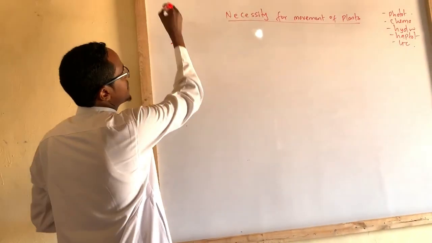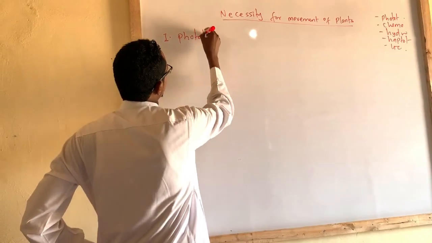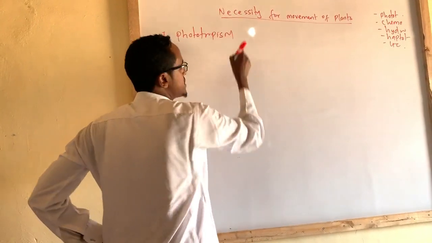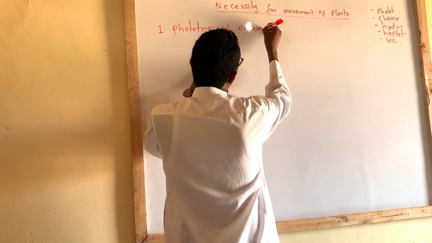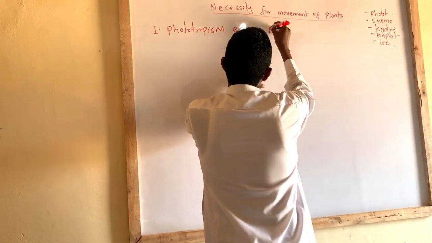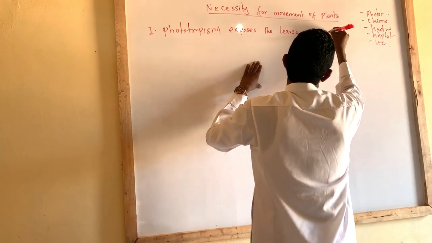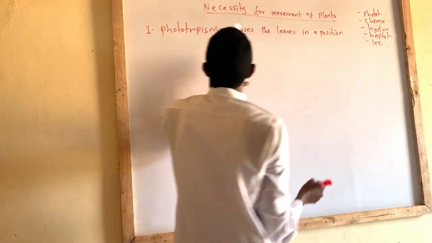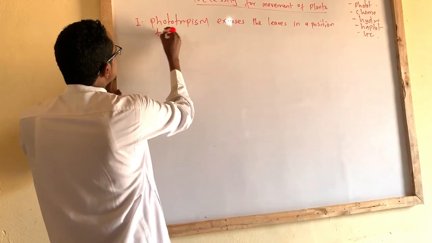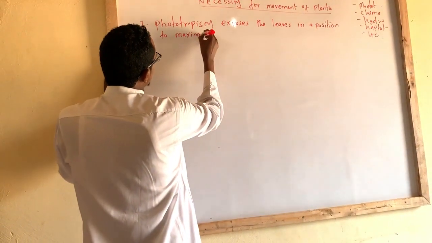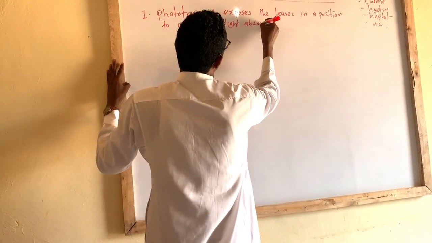Let's see the first one. Phototropism. What is the importance? Phototropism exposes the leaves of a plant in a position to maximize light absorption.